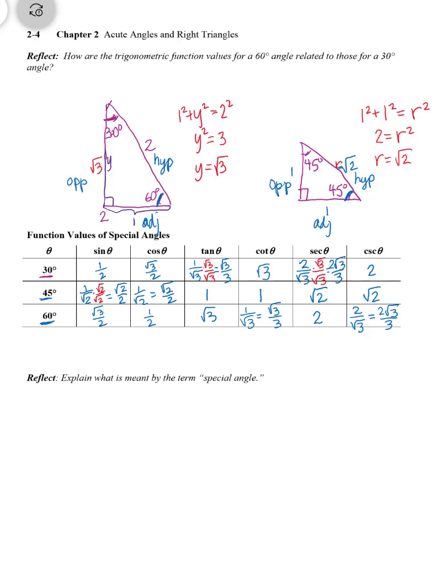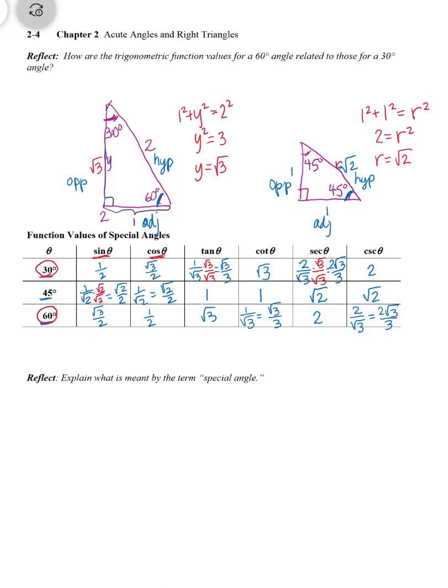Let's review a little bit more with cofunctions. Remember when you're working with cofunctions how the sum of the angles is 90 degrees? So if we look back at 30 degrees and 60 degrees, do you see how the sum of these is 90 degrees? Now, sine and cosine are cofunctions of each other.